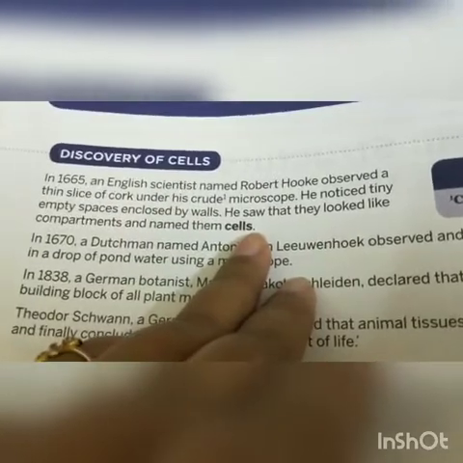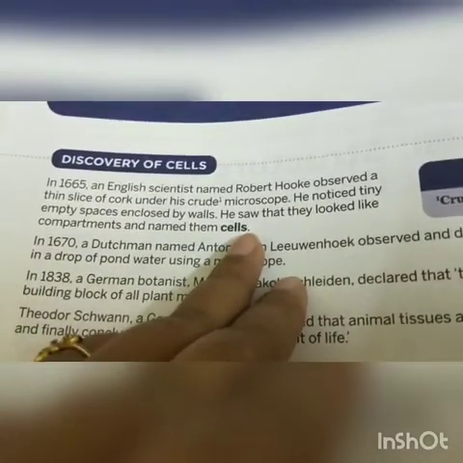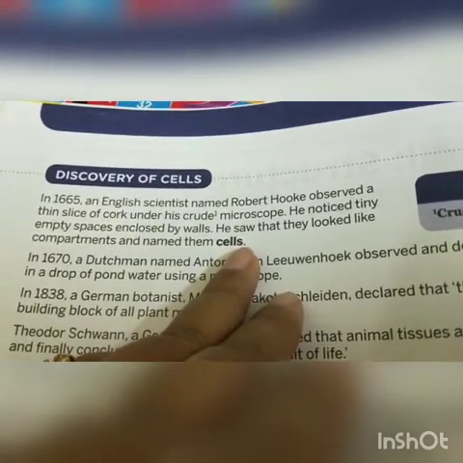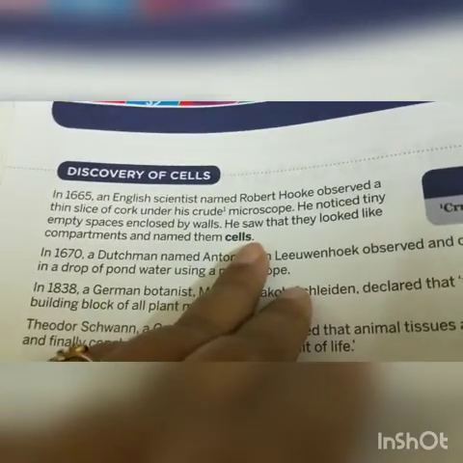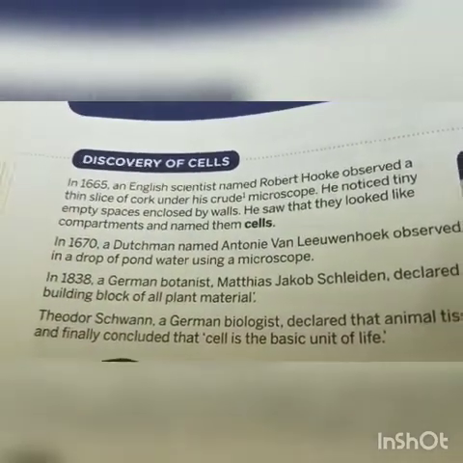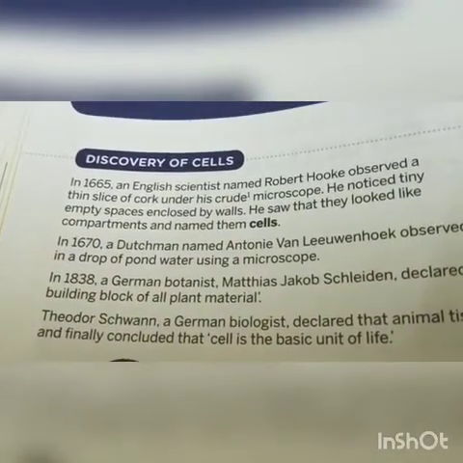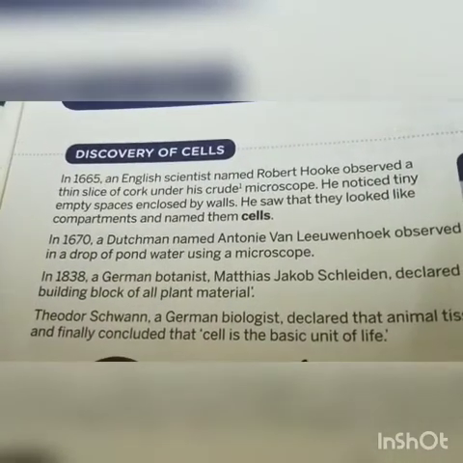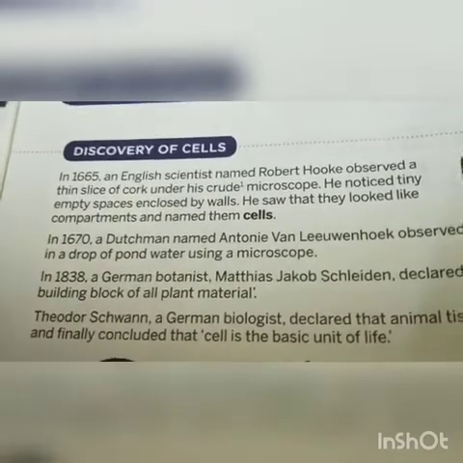So, how was the cell discovered? In the year 1665, one English scientist, his name is Robert Hooke. What is Robert Hooke doing? He is taking a slice of cork. Cork is one of the things made from wood, from very soft wood.